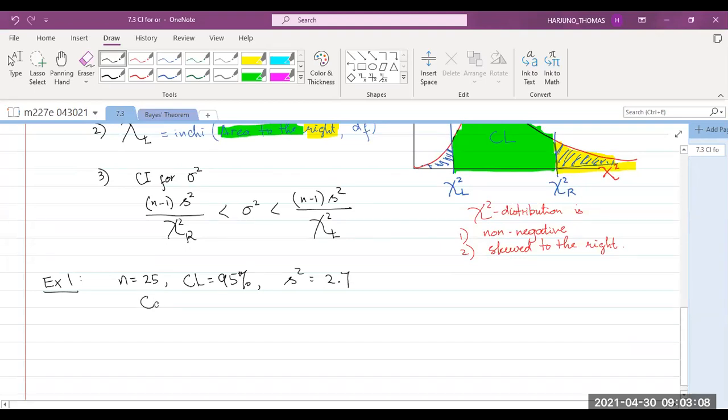Construct a confidence interval for population variance.